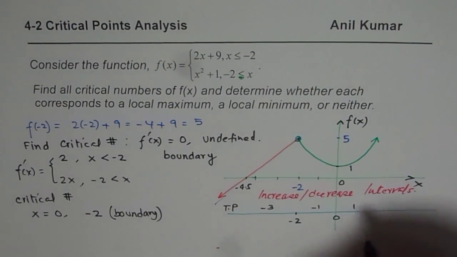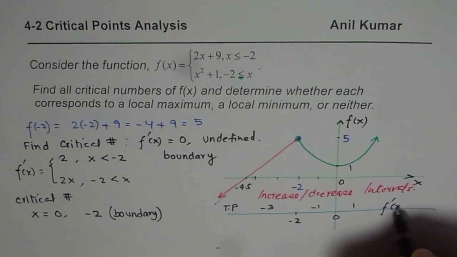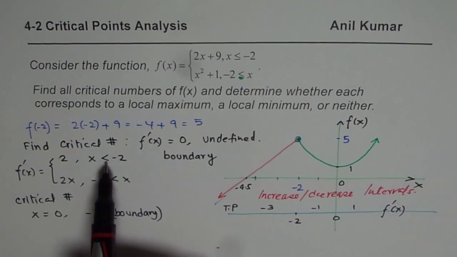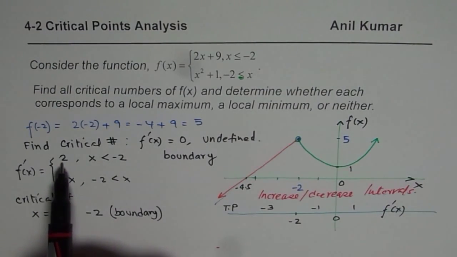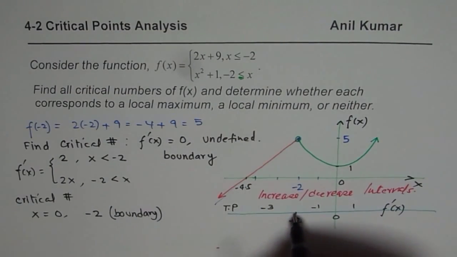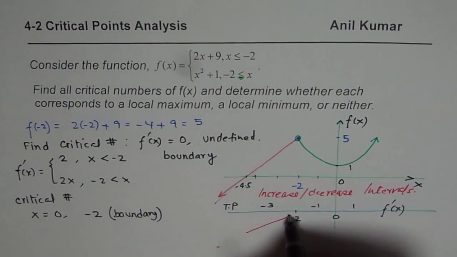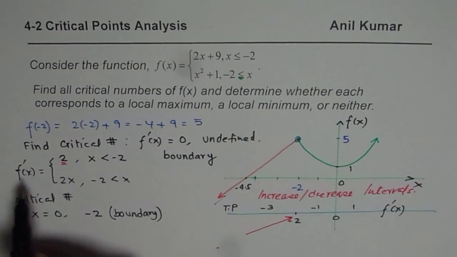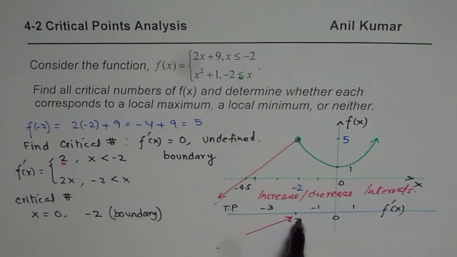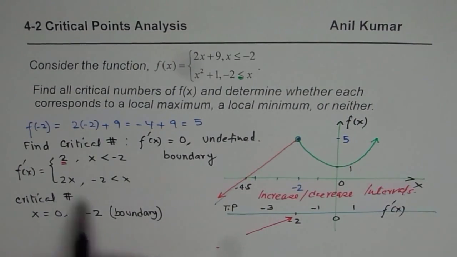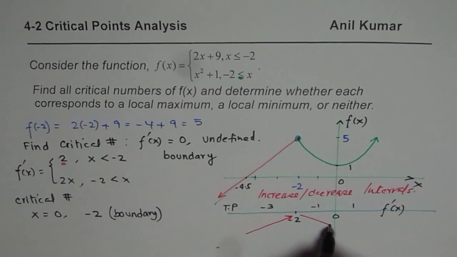And what are we testing? We are testing the derivative, f prime of x. If I write minus 3 in this, I get the value plus 2. This is always positive, and therefore the function is increasing. Do you see that? It is positive 2, always positive. For the derivative between minus 2 and 0, if I write minus 1, I get a negative value.